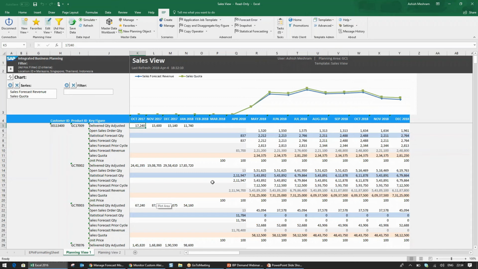He can also see the product and customer level forecast. Since they have the unit price, they can see the sales forecast revenue for a particular period, whether it is monthly or weekly, and then he has a sales target or the sales quota for that particular period, and he can compare with the sales quota, and then he can take the corrective action.